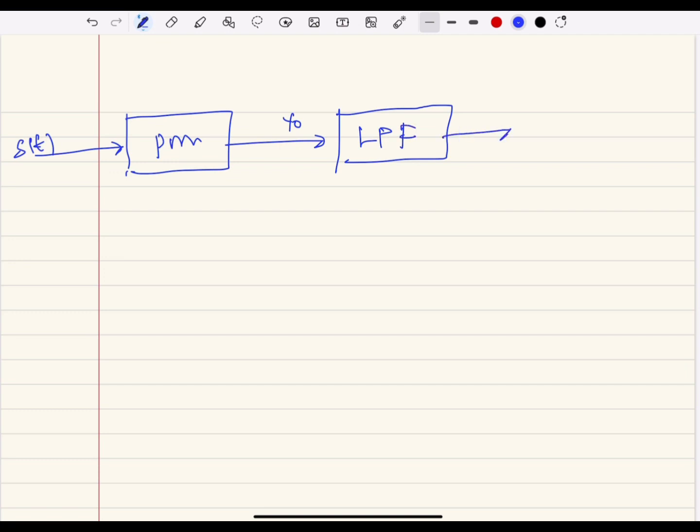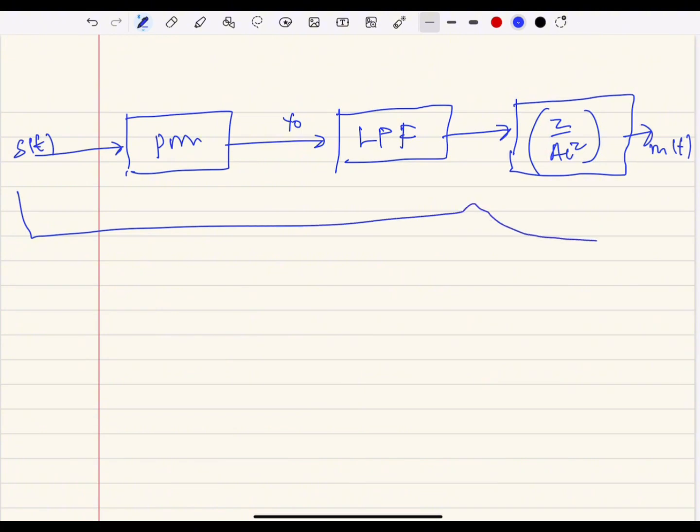From there, if we want to eliminate the DC gain, we can pass it through a multiplier. The multiplier must have a gain that is the reciprocal of the gain of the output of the filter, and therefore that is going to give us 2 over AC squared. The resultant output is going to give us m of t. This is how you'll be able to do a demodulation for a DSBSC signal.